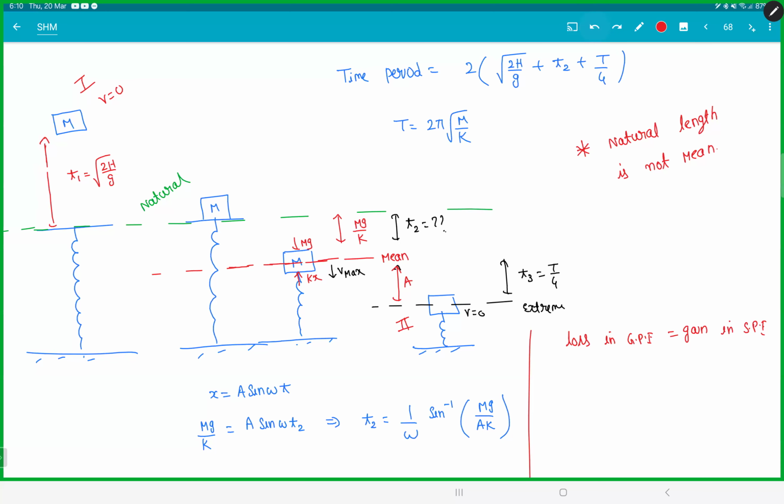This height, which is h, this height mg by k, and this height, the amplitude. That is the total height you lost. So that would be mg times h plus mg by k plus amplitude is equal to half kx squared. Remember, x is measured from natural length. So the total compression in the spring is mg by k plus A. You get a quadratic, you have to solve, you'll get a value from here.